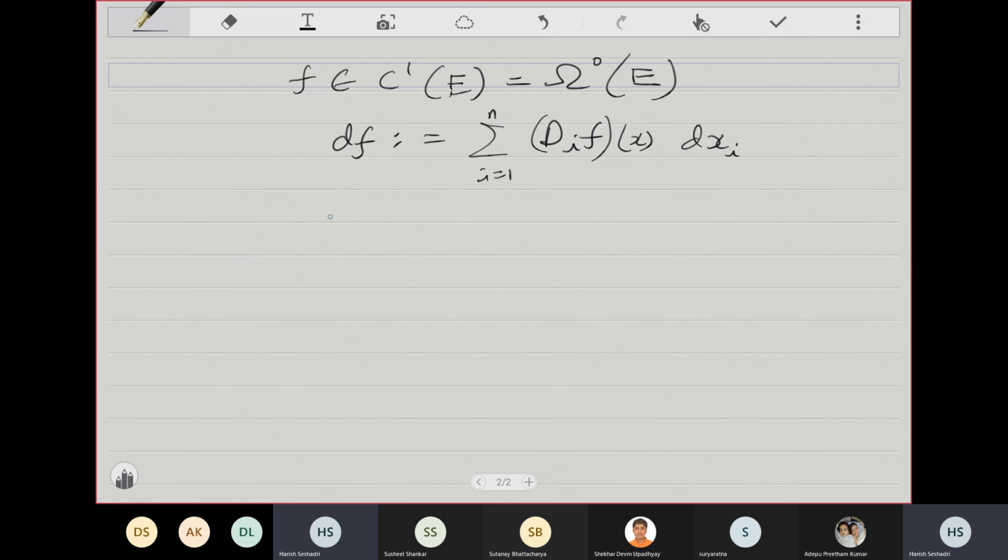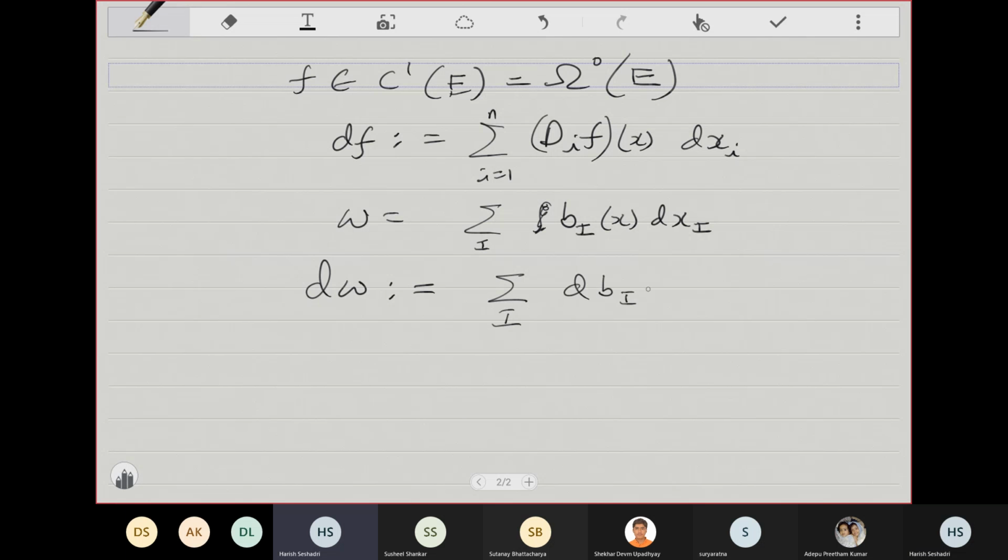Then for a general form, omega equal to the sum of bi(x) dxi, we define d omega to be the sum of dbi wedge dxi.